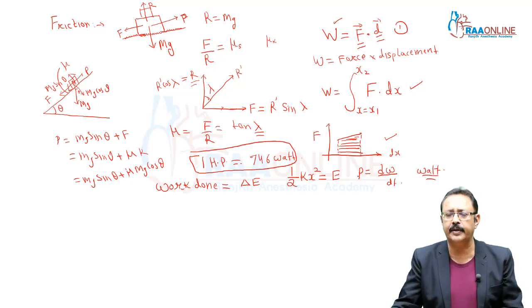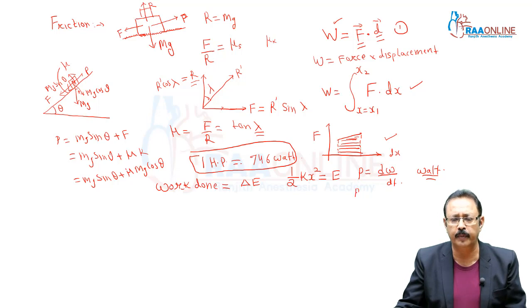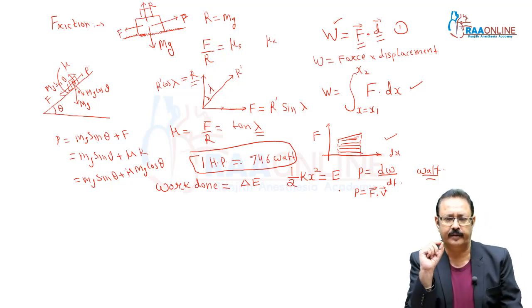Watt is the SI unit of power. But for competitive exams, remember this formula: F dot V is power. Since we are using a dot product, it means power is a scalar quantity.